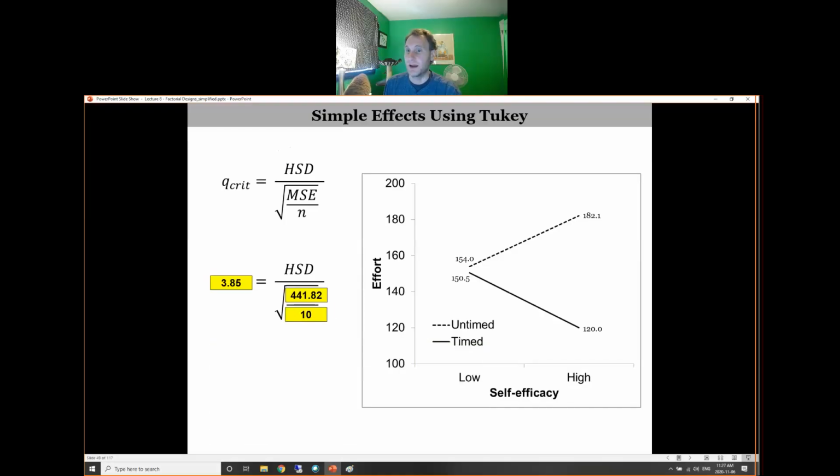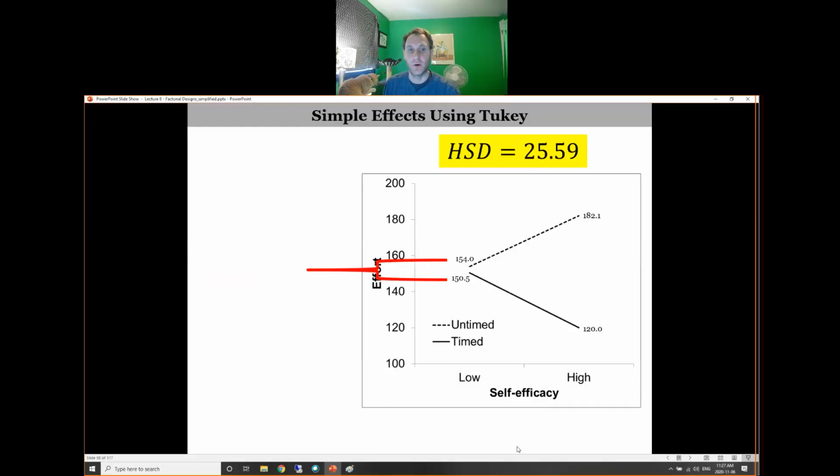I can plug in my sample size, which in this case refers to each cell, each mean that I'm comparing, so that's 10. By doing some cross multiplying, I can find that my honest significant difference is 25.59. The difference between these two is only 3.5, so that's not significant. 3.5 is less than 25.59, my critical value, so that's not significant.